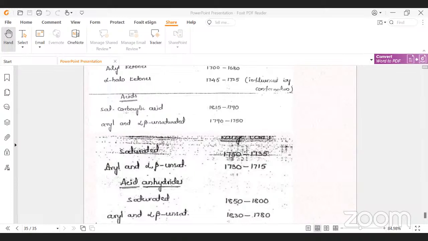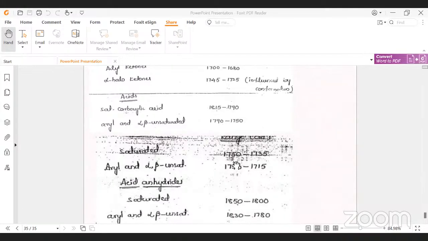Sir, do we have to memorize these peaks? No need to memorize all of them, but you should memorize at least the saturated carbonyl group value, 1815 to 1719. You have to memorize one value. If an electron donating group is there, you subtract some number and get a lower wave number. If an electron withdrawing group is there, you get a higher number.